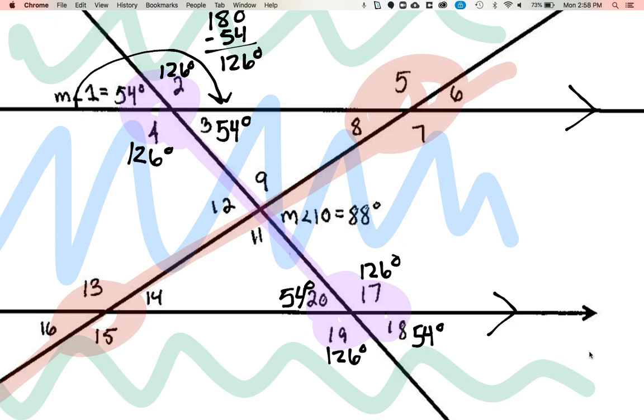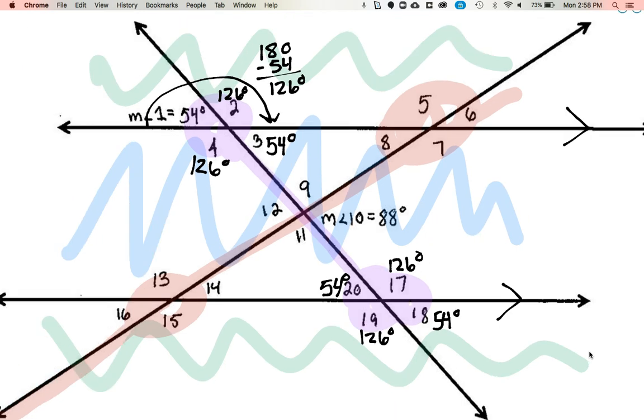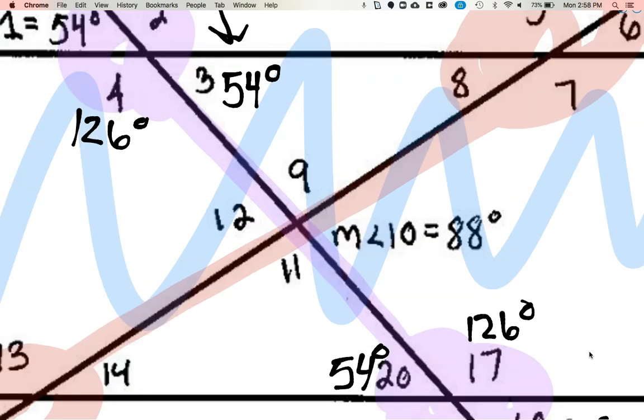Now I'm going to go over to the red. Now notice I had one of them for purple. I don't have any of them for red down here or over here. So I really can't do anything with the red yet. I'm going to go inside here and I say if this is 88, then this is 88.